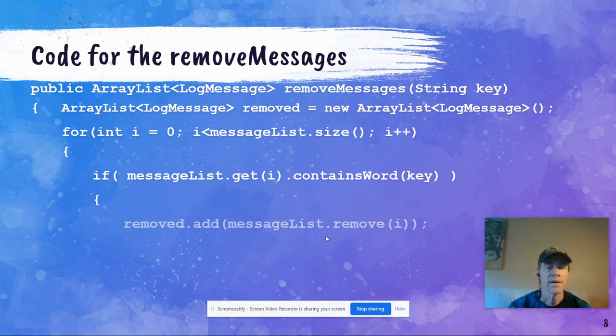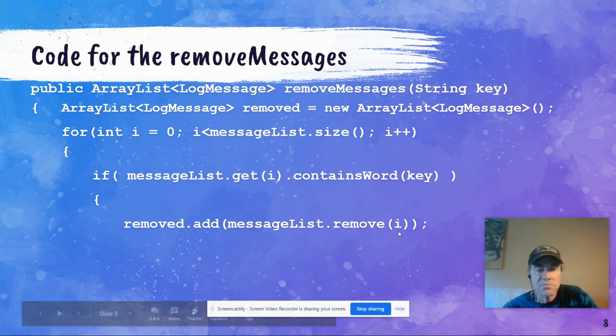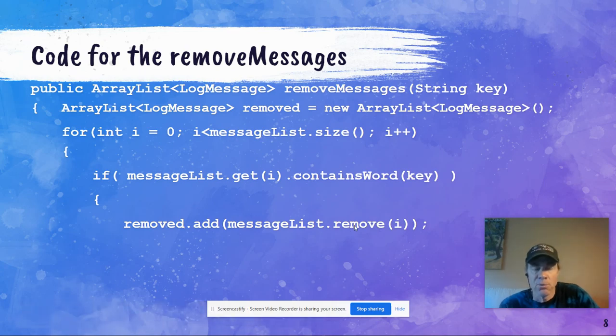It means that you have to remember that the remove method that takes an int as a parameter returns the actual object that you are removing. So we're removing it from one list and adding it to the other, all on the same line. So it's a little slick.